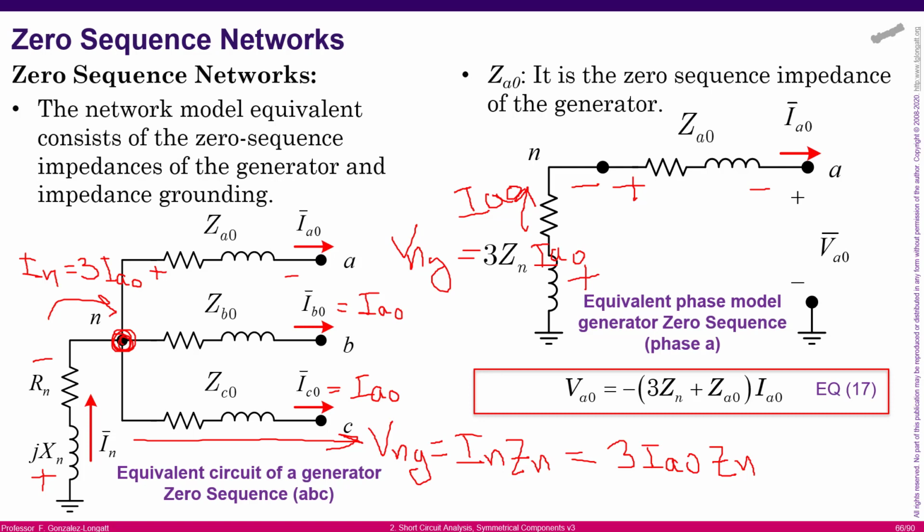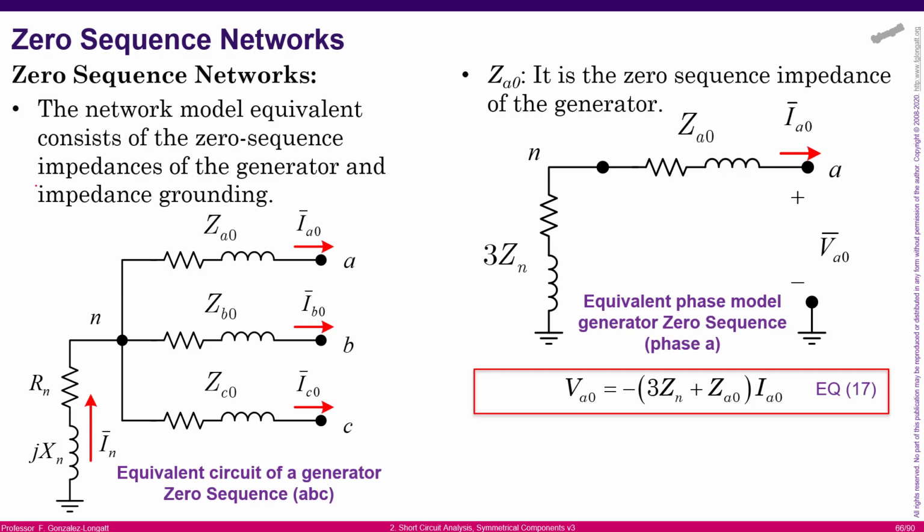What I'm trying to say is that this extremely important number 3 that is present here in the zero sequence neutral impedance is coming to represent the voltage drop.